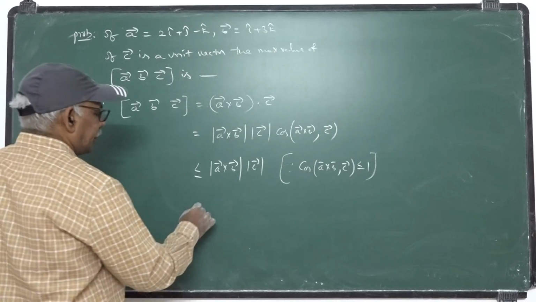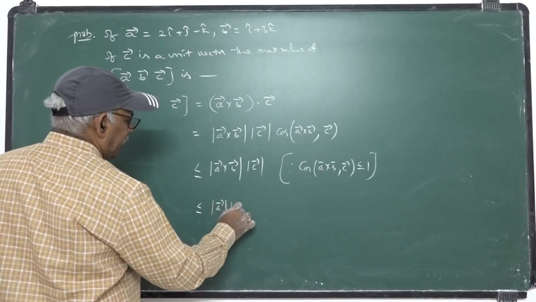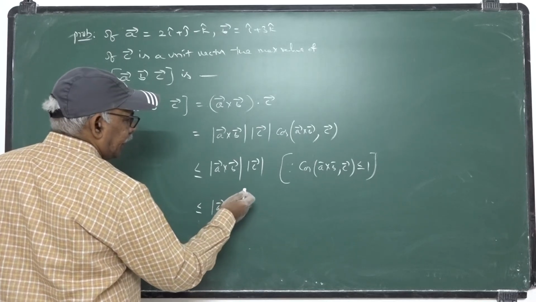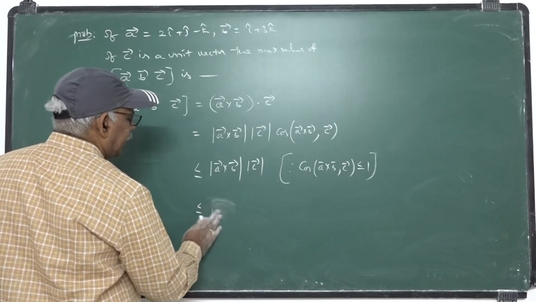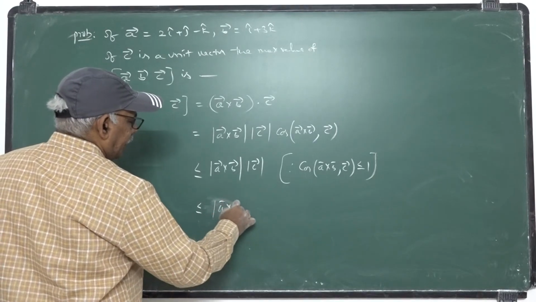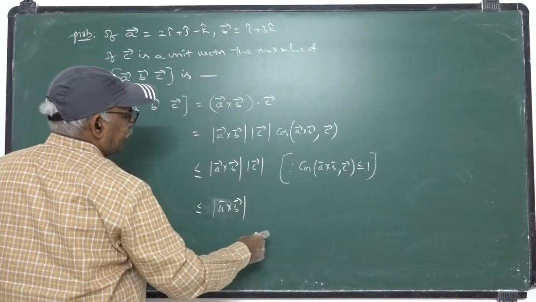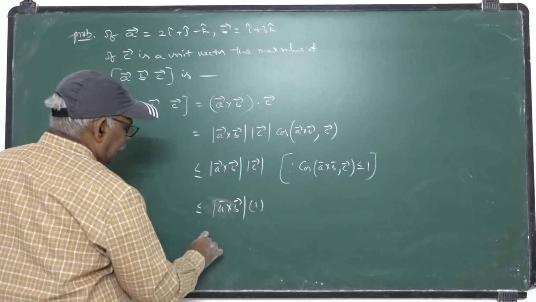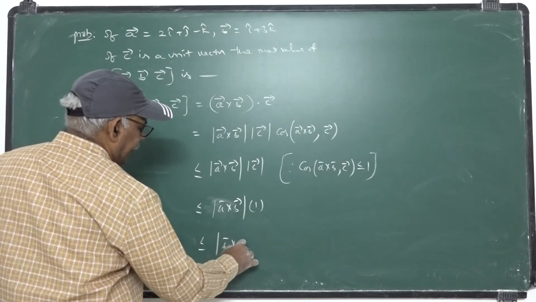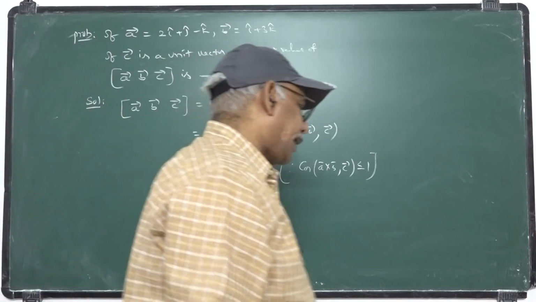So this is modulus of A bar, modulus of B bar, sine of the angle between A bar and B bar, otherwise the cross product's modulus, multiplied by mod C bar. Since C bar is a unit vector, this is 1. So modulus of A bar cross B bar gives us the maximum value.